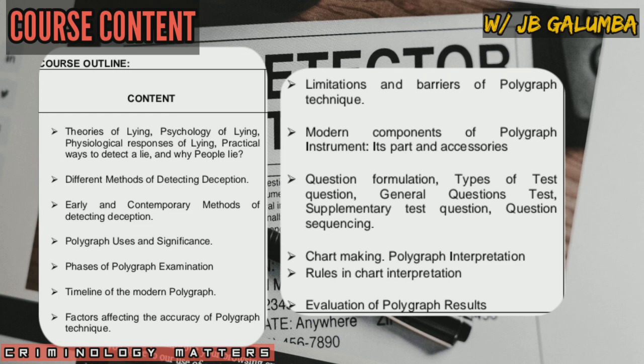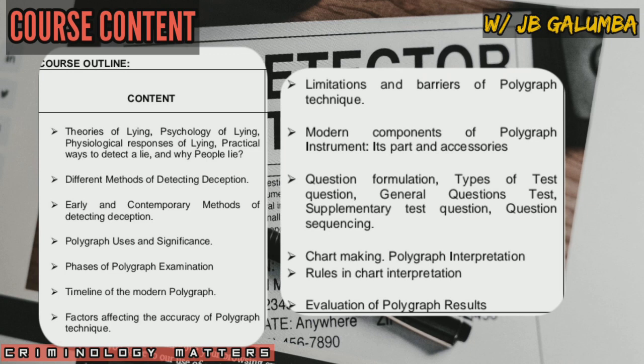Will that affect the result of the polygraph examination? A person who has a medical condition that may contaminate the result should not be subjected to polygraph examination. But what if the polygraph examiner fails to evaluate these underlying health issues? That will render the result of the polygraph examination inaccurate.